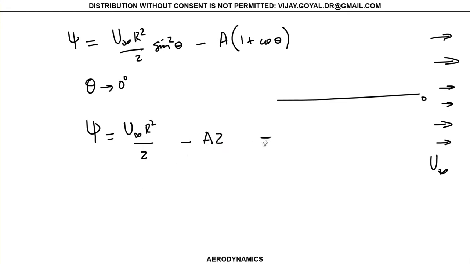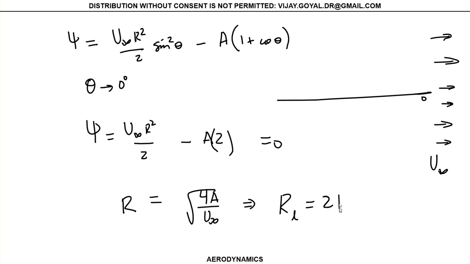When you want this to be 0 on this line as well, then you can show that your a is going to be equal to 4a U infinite squared, sorry, your r. And this is nothing else than 2 times your R, it is going to be 2 times RS. This is the maximum R you can have in the body for the source.